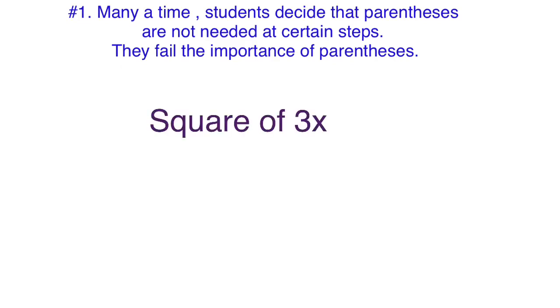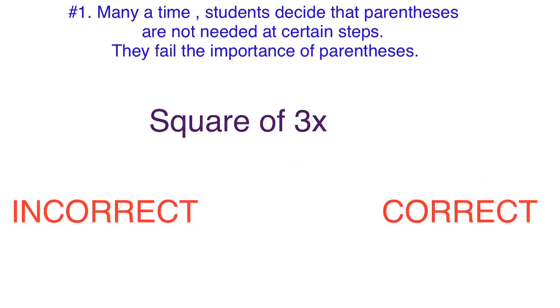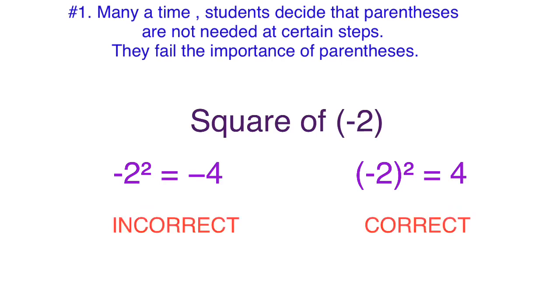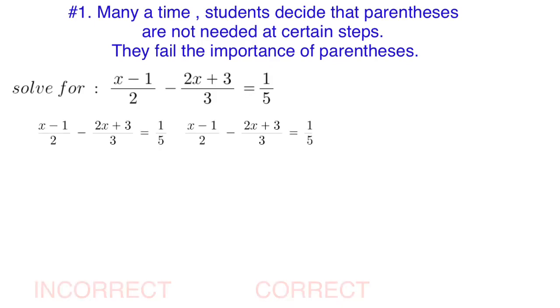Square of 3x is 9x square, not 3x square. Square of minus 2 is 4, not minus 4. x minus 1 by 2 minus 2x plus 3 by 3 equal to 1 by 5.